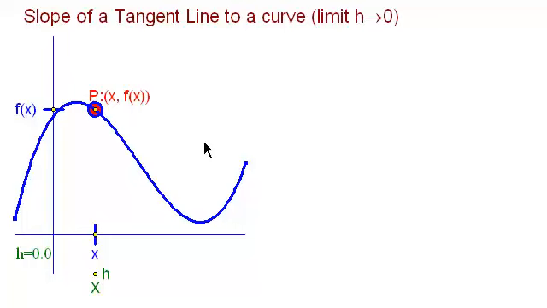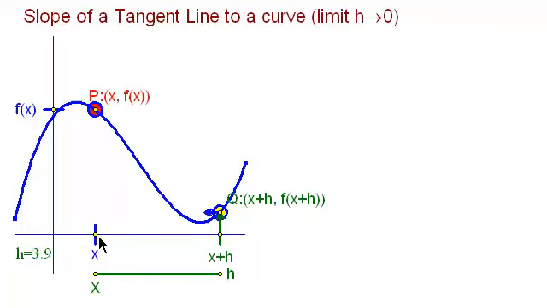Now, in calculus, which is known as the mathematics of motion, a secant line is created by having an additional point on the graph, like this. So there is a point created which is h unit away from the given point.